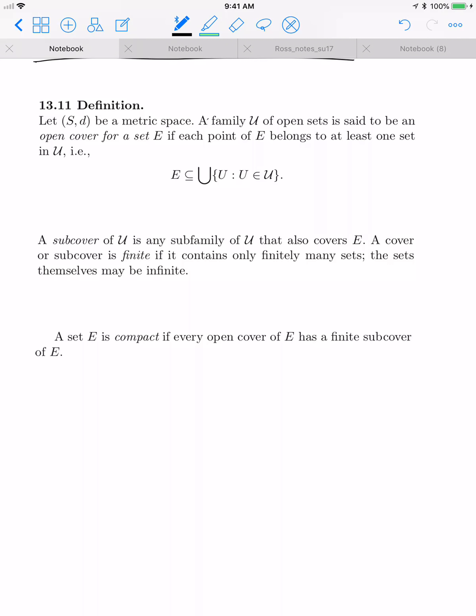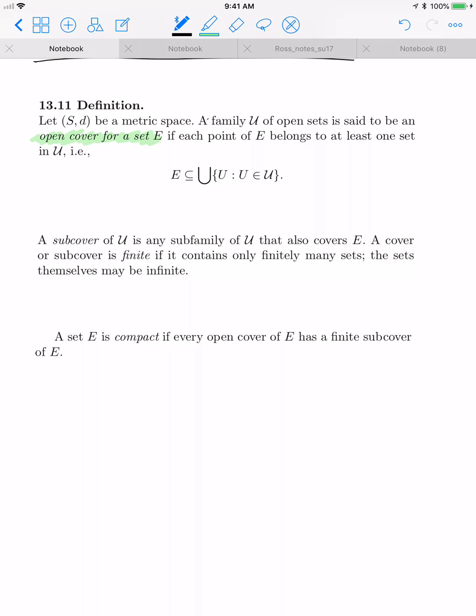A family of open sets is said to be an open cover for E if E is contained in the union of the elements of that family. Okay, so here's the idea.